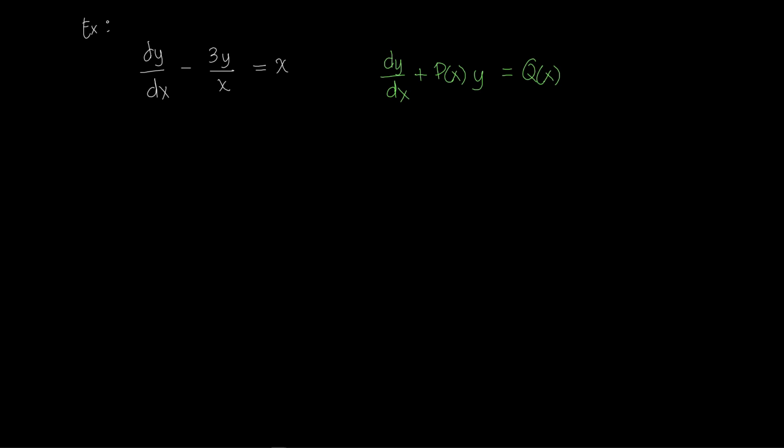So we can say that our p of x is negative 3 over x, and our q of x is x.